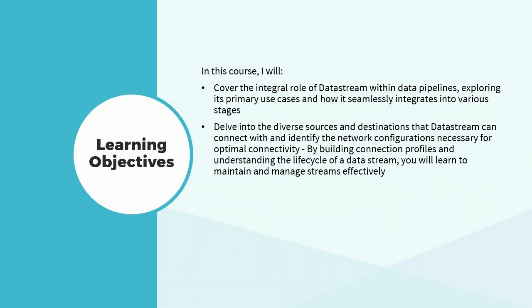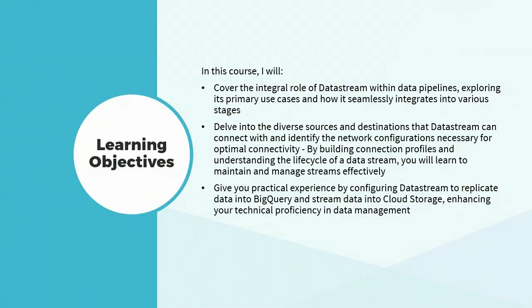By building connection profiles and understanding the lifecycle of a data stream, you will learn to maintain and manage streams effectively. Finally, I'll give you practical experience by configuring Datastream to replicate data into BigQuery and stream data into cloud storage, enhancing your technical proficiency in data management. This course is one of a collection that prepares learners for the Google Professional Data Engineering exam.